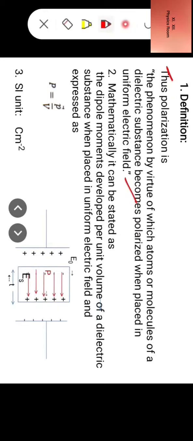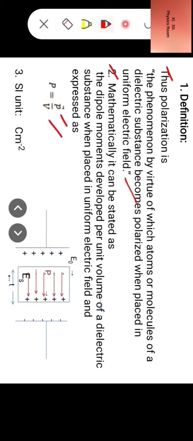Now mathematically it can be stated as the dipole moment developed per unit volume of a dielectric substance when placed in a uniform electric field, and is expressed as capital P is equal to dipole moment vector p divided by V, where V is the volume of the dielectric slab.